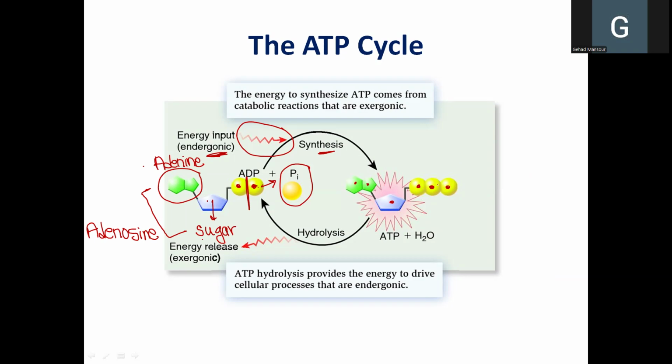But the covalent bond between the 2nd phosphate radical and the 3rd phosphate radical is drawn as a squiggle like this and not as a straight bond, and squiggle refers to a high energy bond.